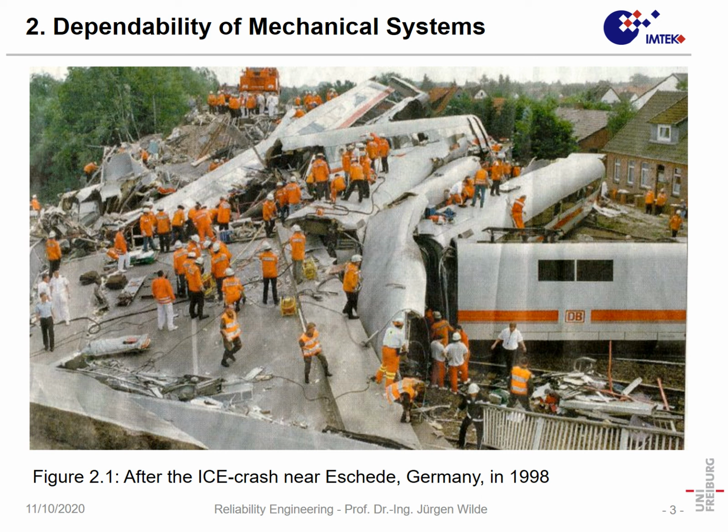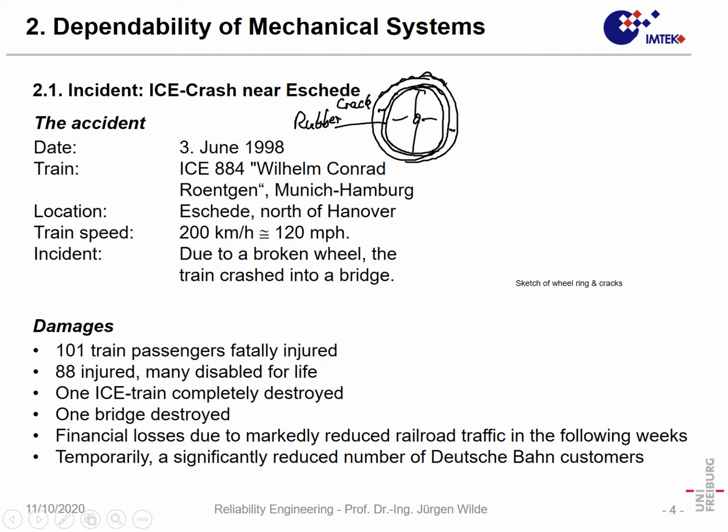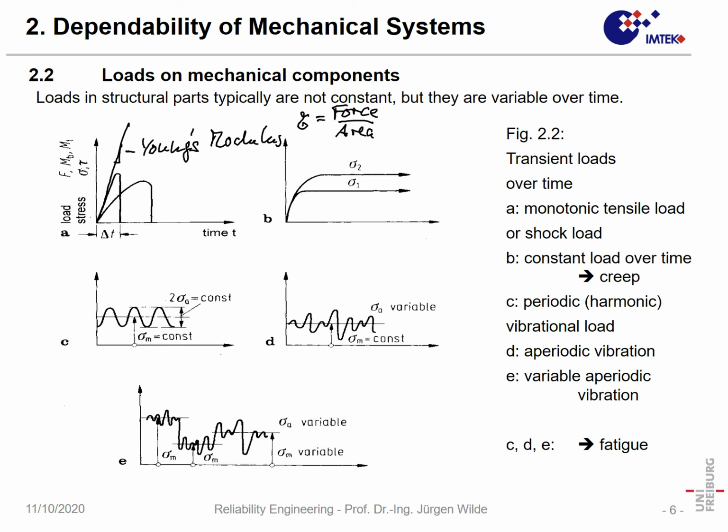What we treated last time was the question why such a thing could happen, and also what are specific risk factors for this. So we have seen that it is important to know what the load is.